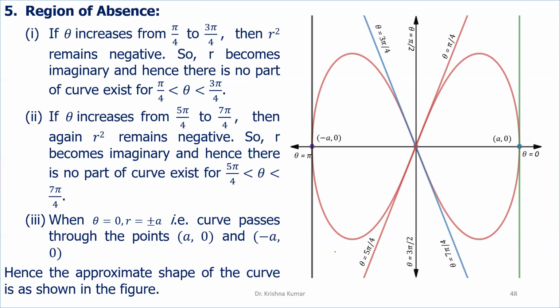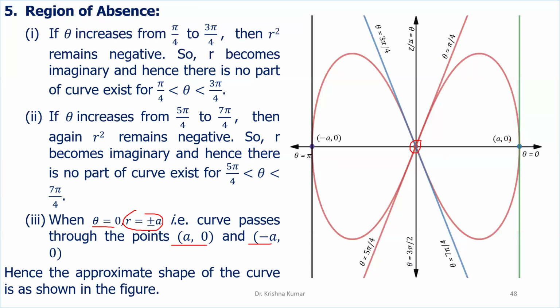The first point: the curve passes through the pole, this is the pole 0, 0. And look here, if we put theta equal to 0, we get r equal to plus minus a, that is, the curve passes through the points a0 and minus a0.